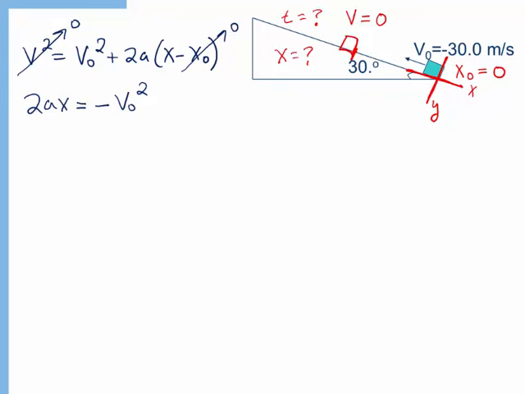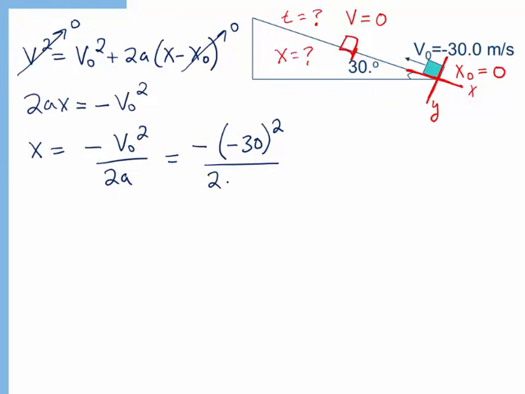And therefore x is equal to negative v naught squared over 2a. Notice that that negative sign makes sense because we know the object is ending up to the left of the origin. Plugging in the values, we have negative. Now v naught itself is negative, but of course that negative sign goes away because we're squaring v naught.